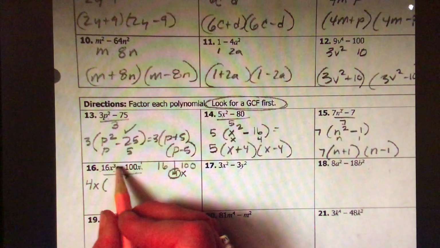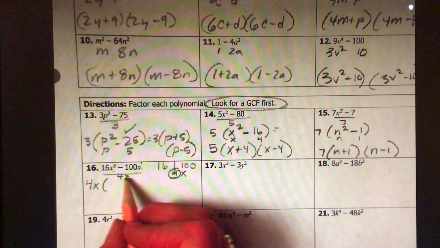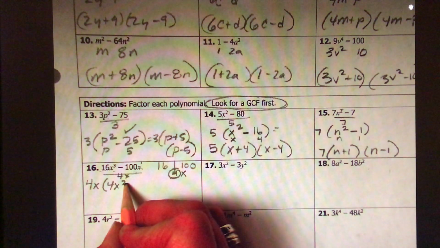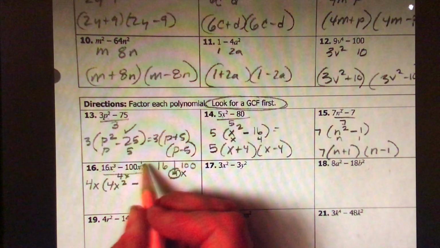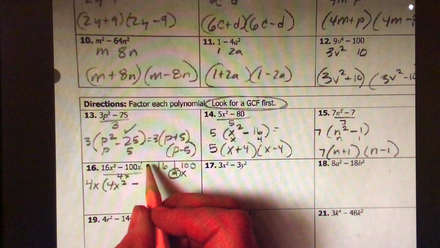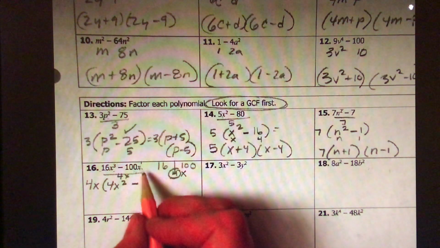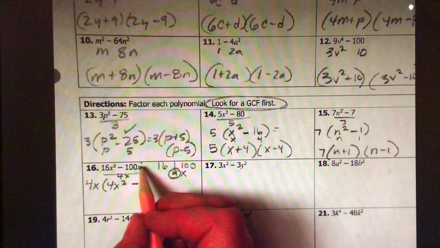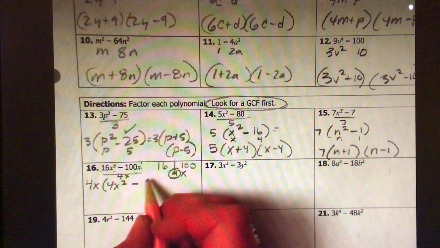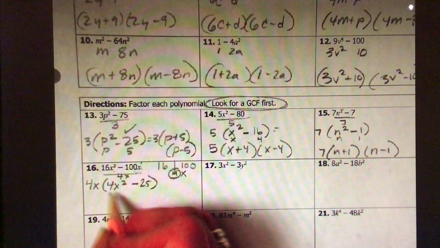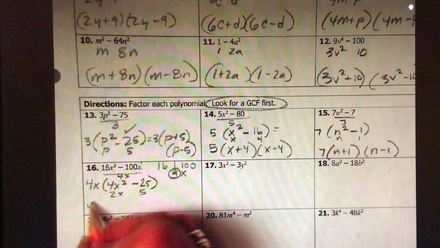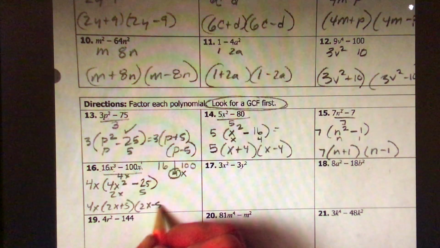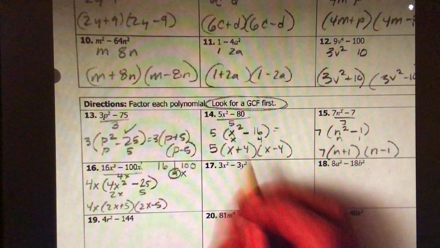If I think about all 16x cubed over 4x, I end up with 4x squared minus 100x, what is that? Oh, it's nothing. It's x divided by x. So it's just, oh my goodness, just 25. Okay. Then I have 2x, and then I have 5. So then I have 4x, 2x plus 5, 2x minus 5. Voila. I'm almost there.